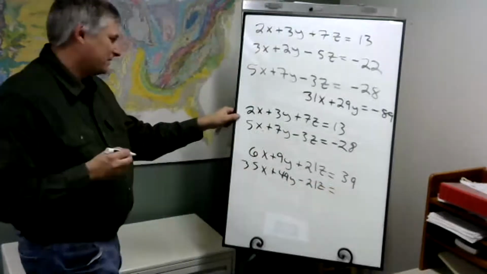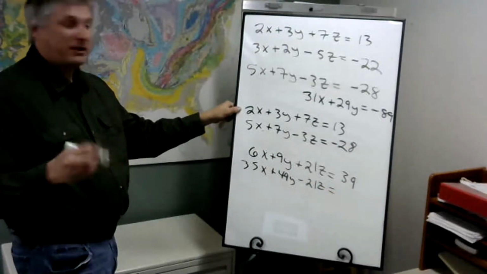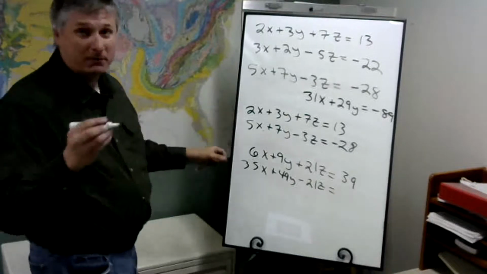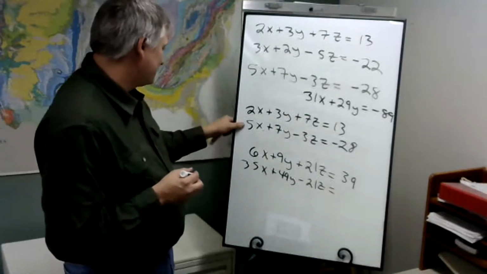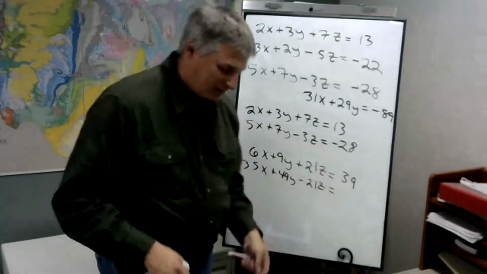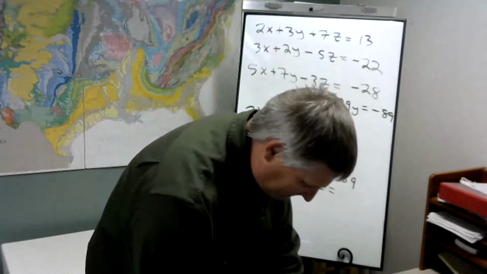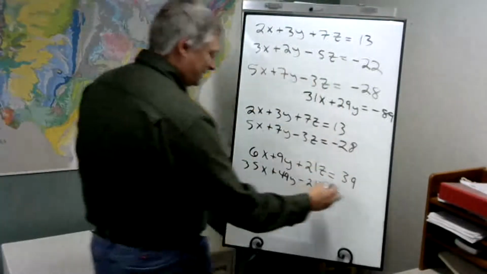Let me double check here. That'd be 6, 9, 21. So okay, we don't lose two variables. Good, I was hoping we wouldn't. And then this one, we'll get 35, 49, minus 21, and then minus 28 times 7, minus 196.